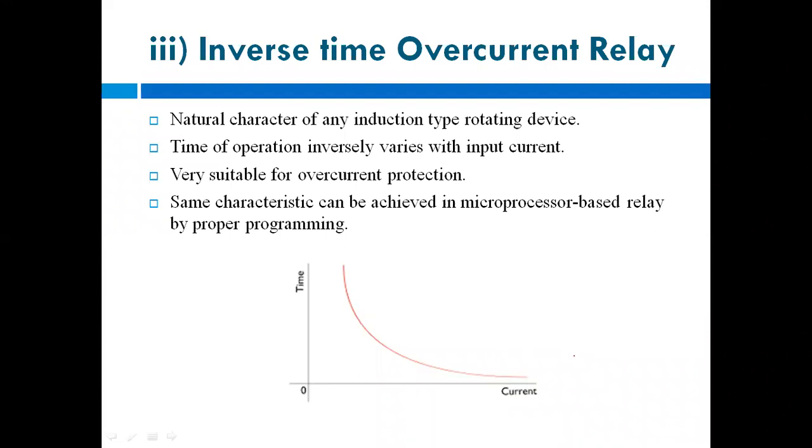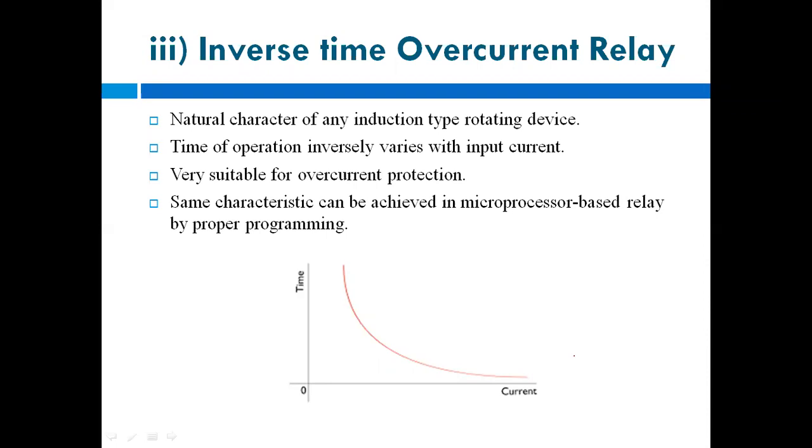The same characteristic can be achieved in a microprocessor based relay by proper programming. In a microprocessor based relay, we set our requirements in the programming only. If any fault is occurring, we can set the value of current.